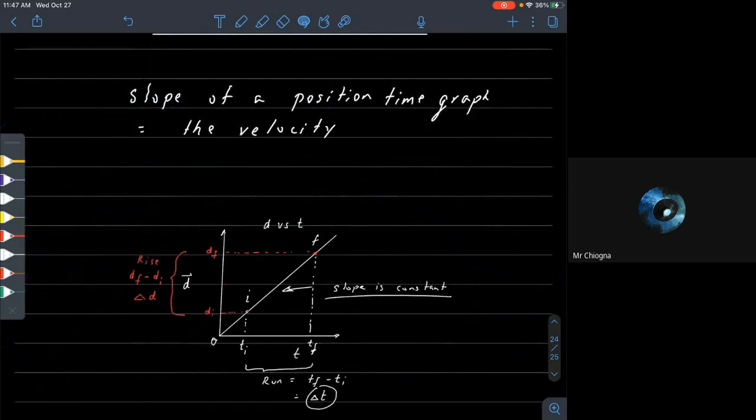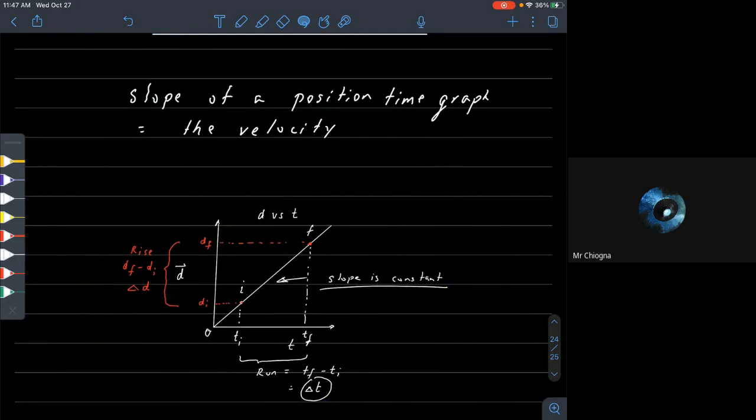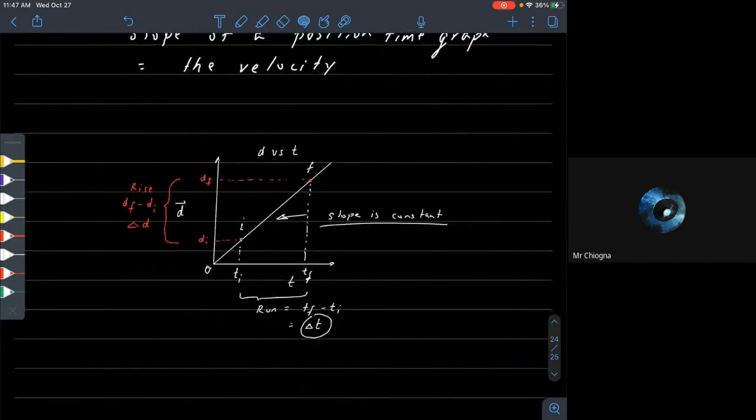Can I shrink it a little bit? Okay, notice something before we left last day. I wrote this. Notice this. Is this slope changing for the line? No, it's a constant. Notice I used the word constant. So a line on a position time graph isn't just a velocity. It's a particular type of velocity. It's a constant velocity.